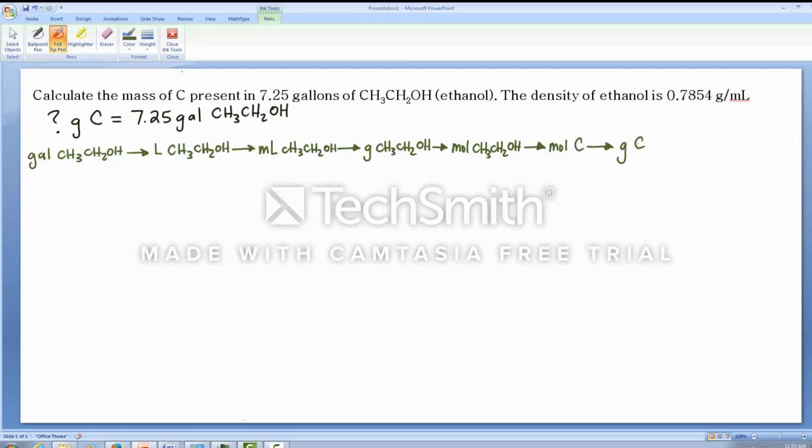Now, this step that allows us to go from a volume to a mass, we use the density.